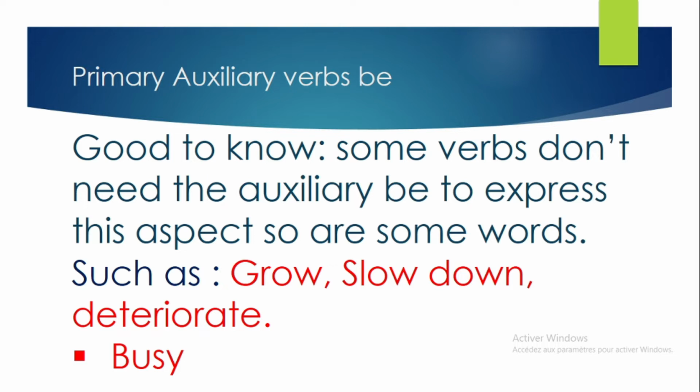Those verbs don't really need the verb to be to express this aspect. Those verbs express a process aspect. But that doesn't mean that you can't use them in the progressive aspect.